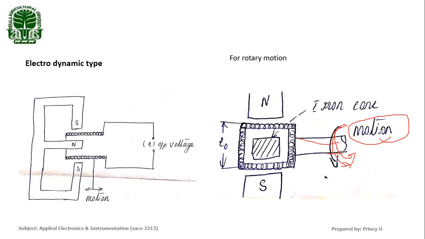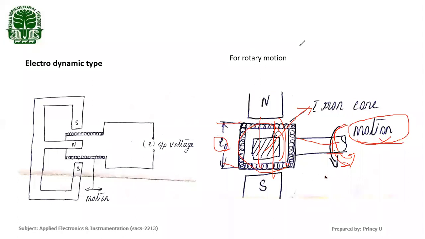So when the shaft moves, correspondingly that coil also moves in the annular space of our magnet. It has an iron core placed inside it. So when there is a magnetic field, that rotation of the coil will produce a rate of change of flux. When we take an output across the ends of the coil, that E0 will be proportional to the motion.